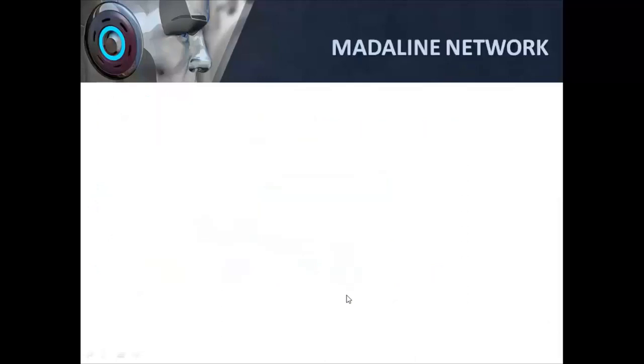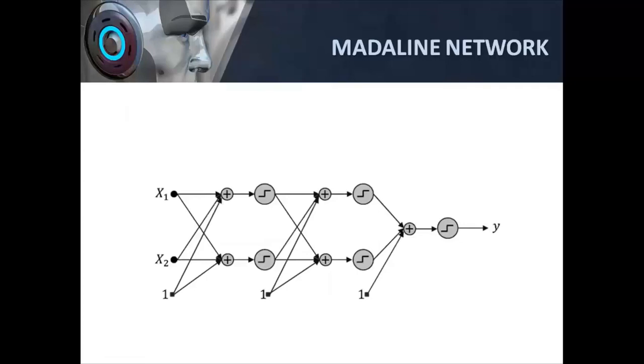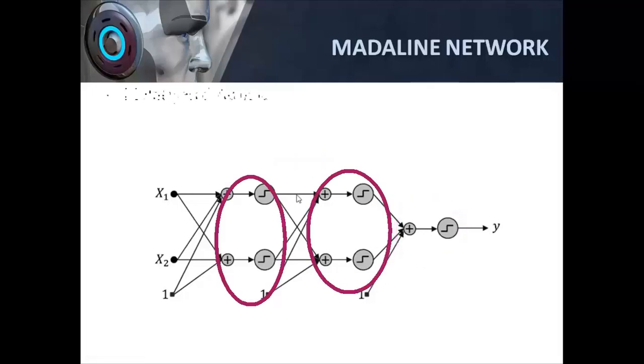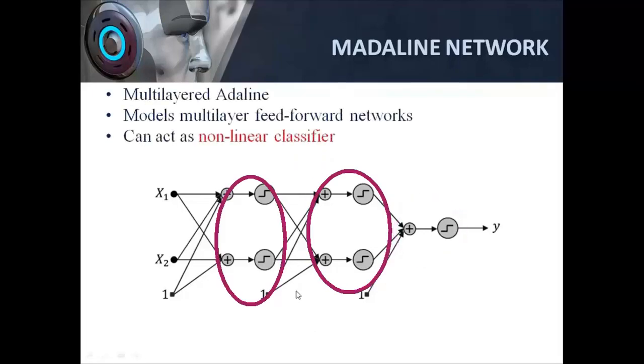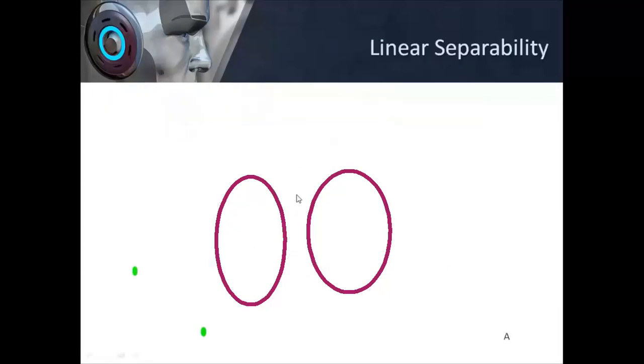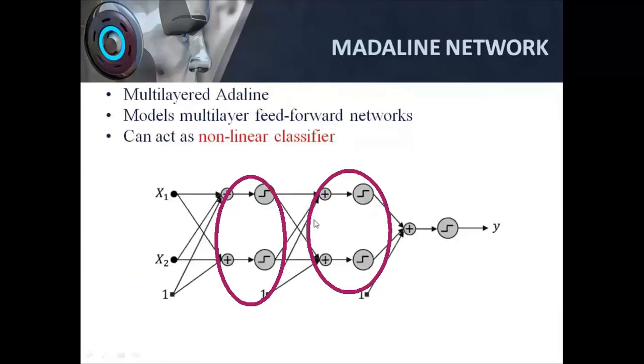Then we have Madaline networks. Madaline stands for many Adaline, that is, many adaptive linear networks. If you clearly see, a bias of 1 is applied, and if I draw a line here where my cursor is moving, you can see, if I apply a line here, this is going to be one adaptive linear model, and this is going to form another adaptive linear model, and this is the third one.